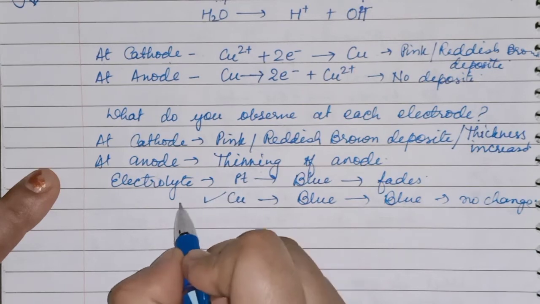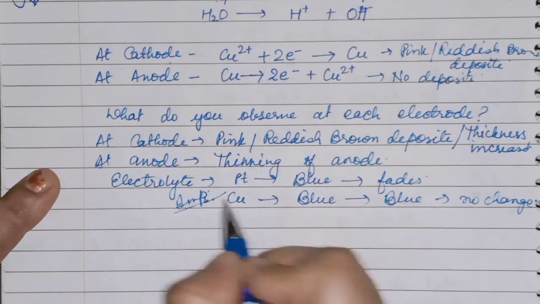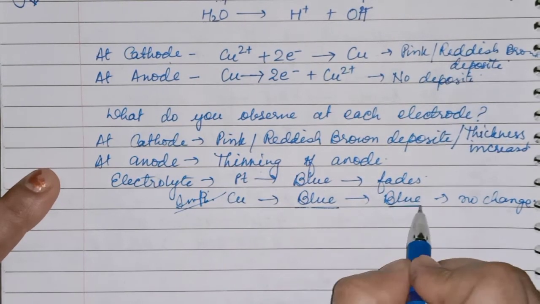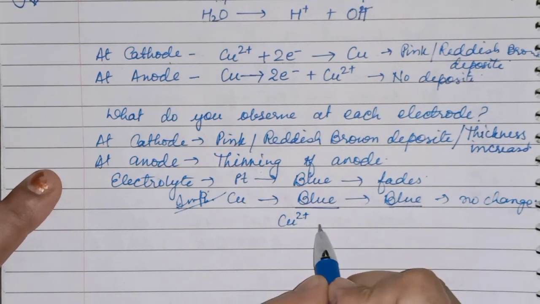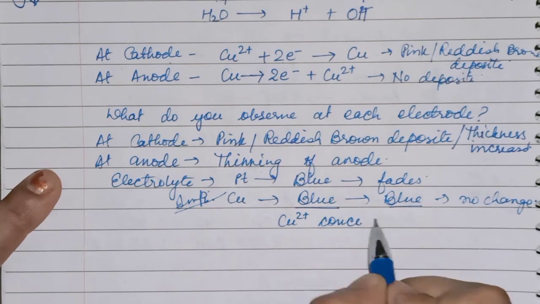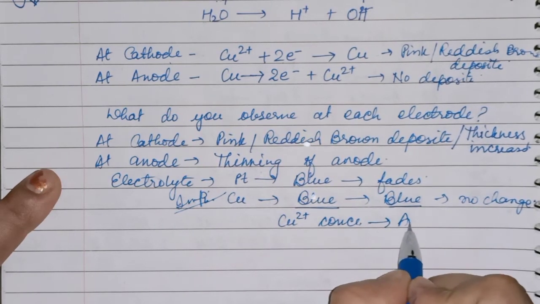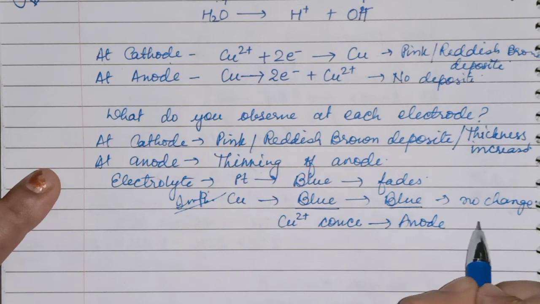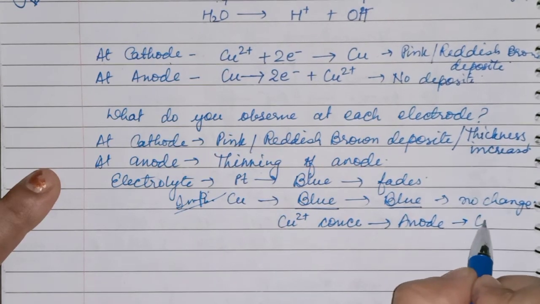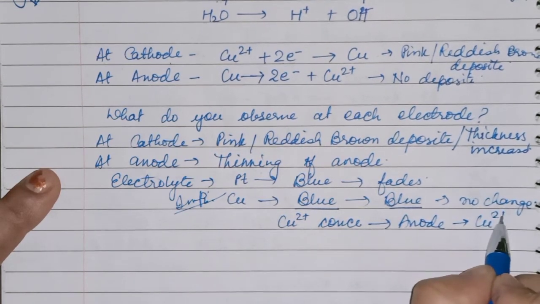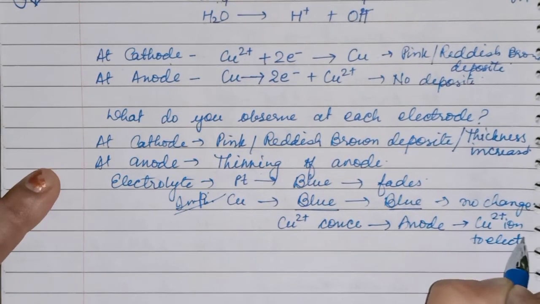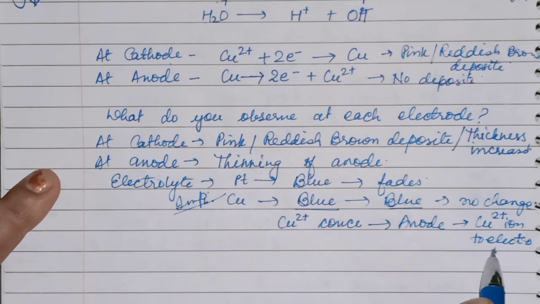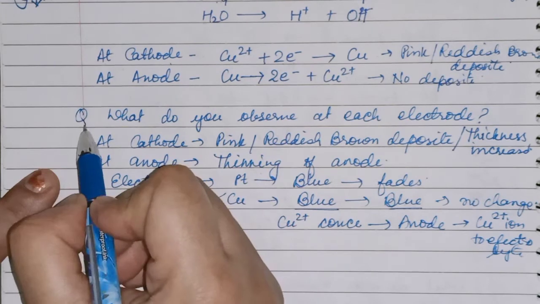Why is this electrolyte solution not changing from blue? Because the Cu2+ ion concentration is balanced by the anode. And how is it balanced? Because the anode is giving Cu2+ ions to the electrolyte. Okay, clear?